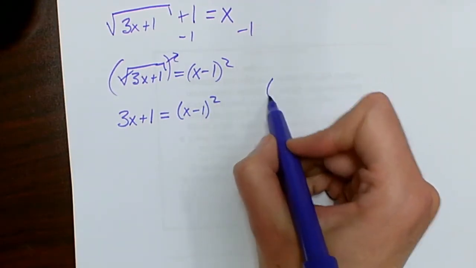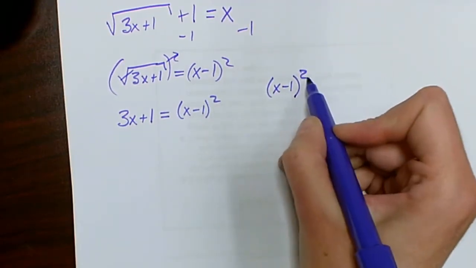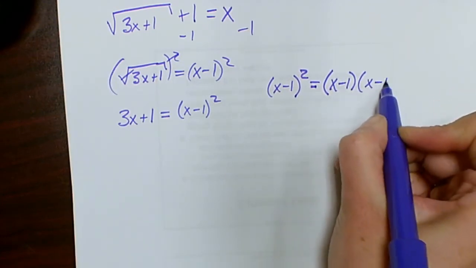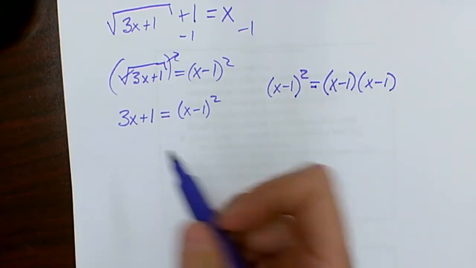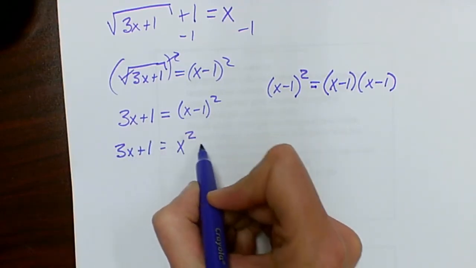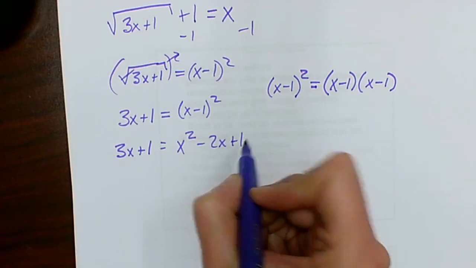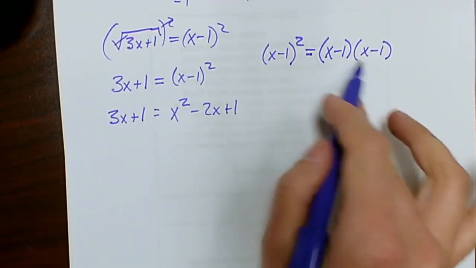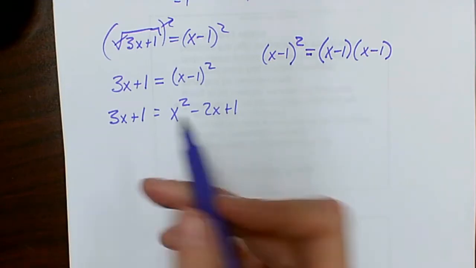Now remember, x minus 1 squared is the same thing as x minus 1 times x minus 1. Foil that out, or if you know the shortcut, it's going to be x squared minus 2x plus 1. You'll get the same result if you foil this out.